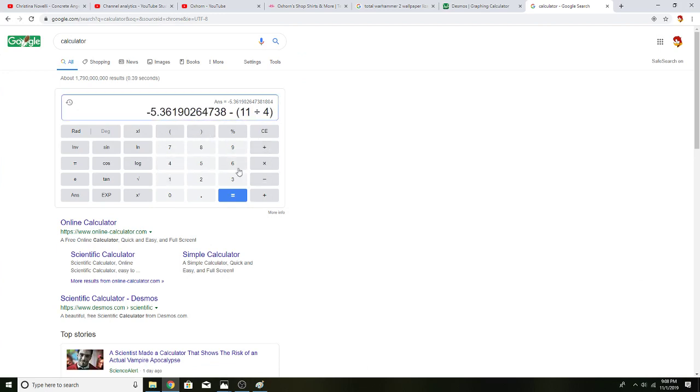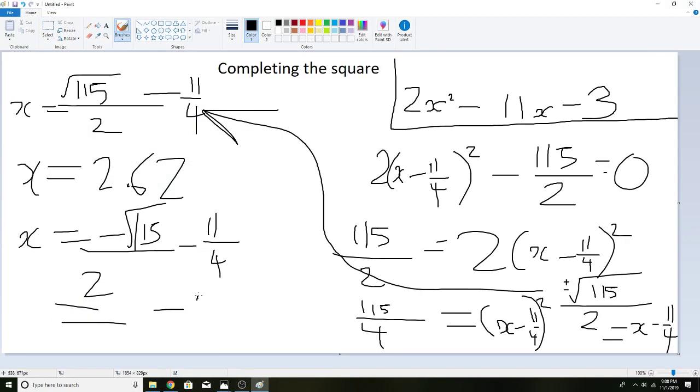So yeah, the same process as the last one. That gives minus 8.11. So they should be the solutions.